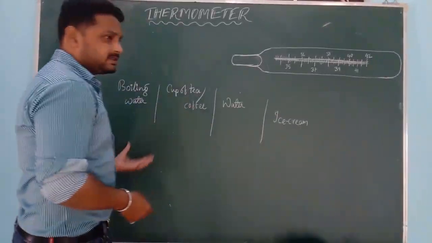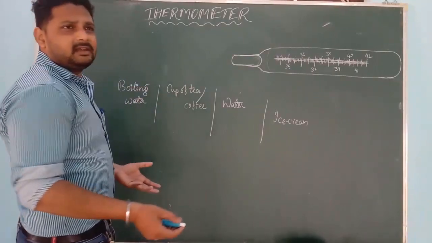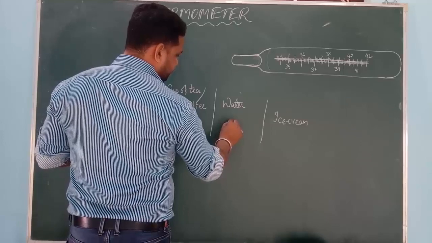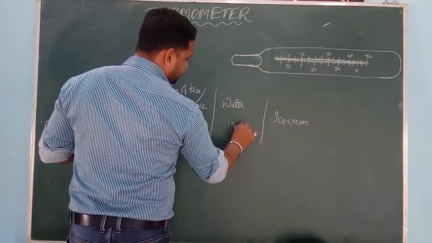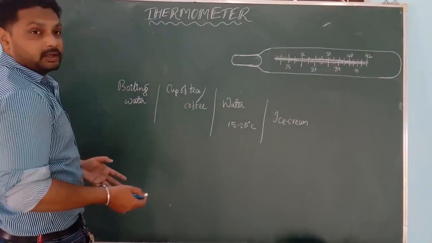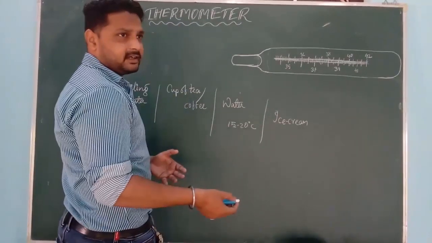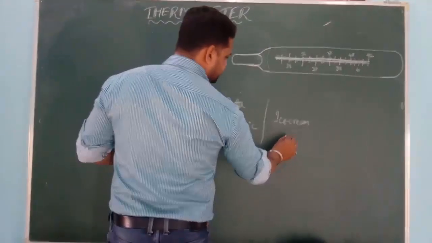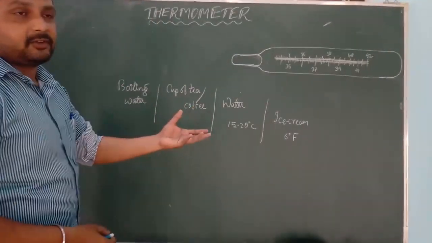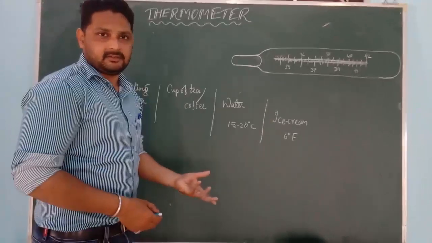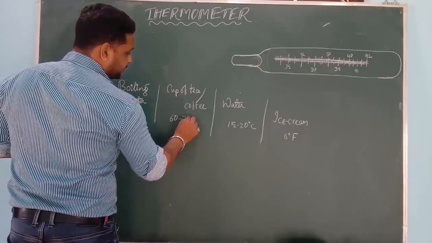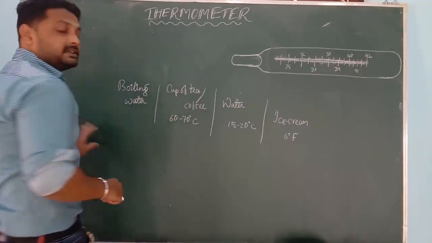Normal water would be around 15 to 20 degrees Celsius. Ice cream is quite less, around 6 degrees Fahrenheit, which in Celsius comes out negative. A cup of tea or coffee is around 60 to 70 degrees Celsius.